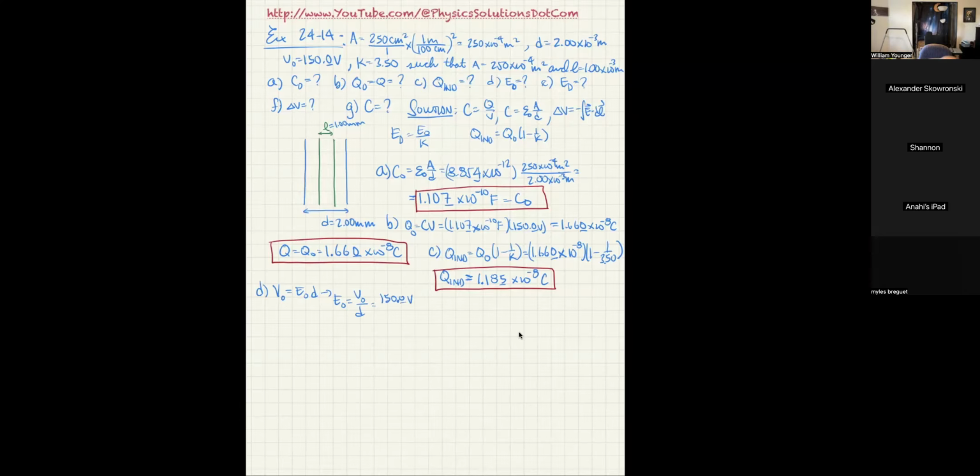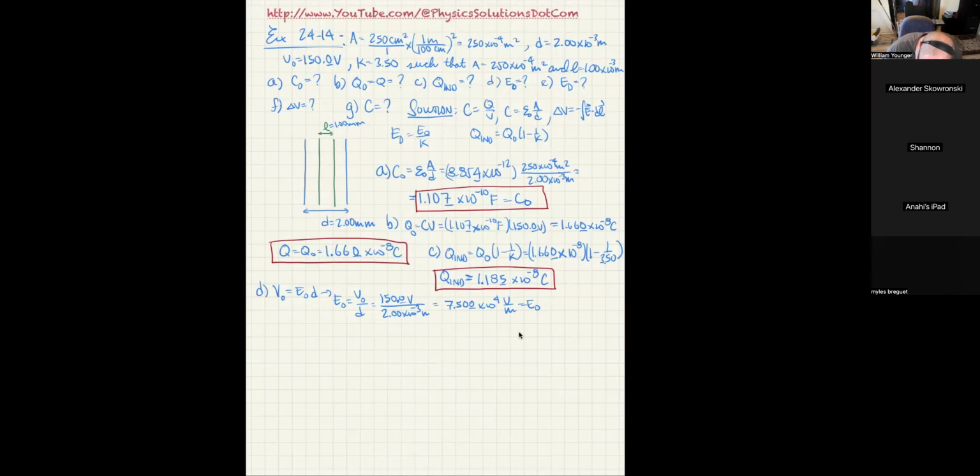150.0 volts divided by 2.00 times 10 to the negative third meters. Now, 150 divided by 2 is going to give us 75, and then we multiply that by 1,000. So we're going to end up getting 75,000 volts per meter. So that is 7.50 times 10 to the fourth volts per meter, which is equal to E0.